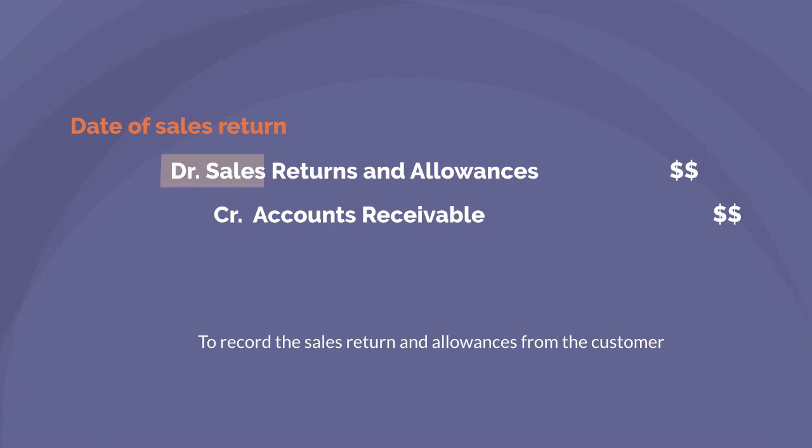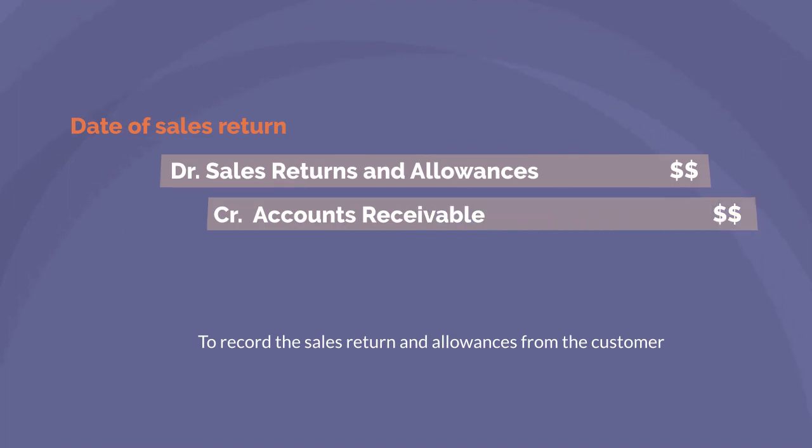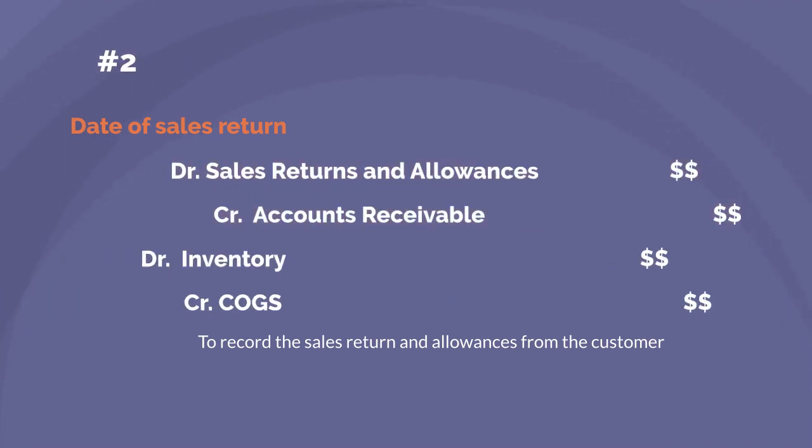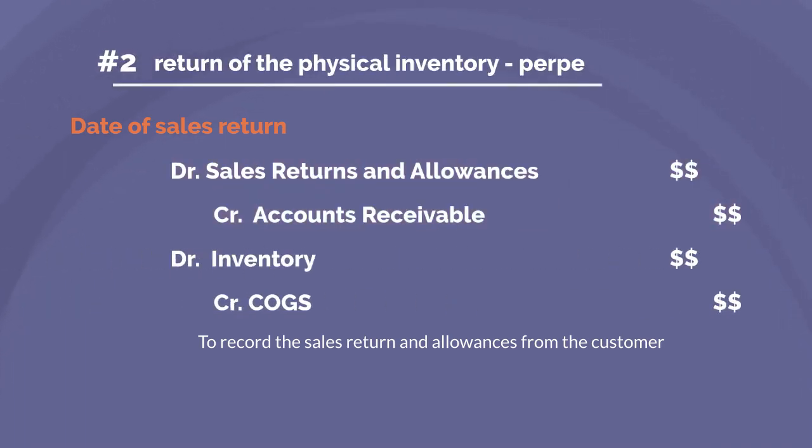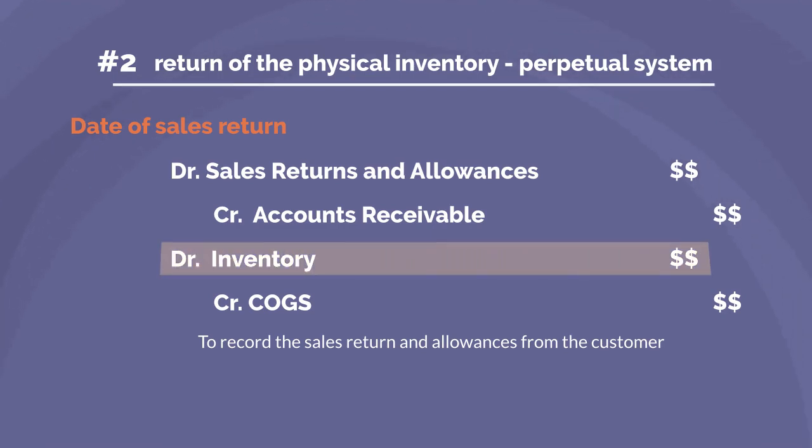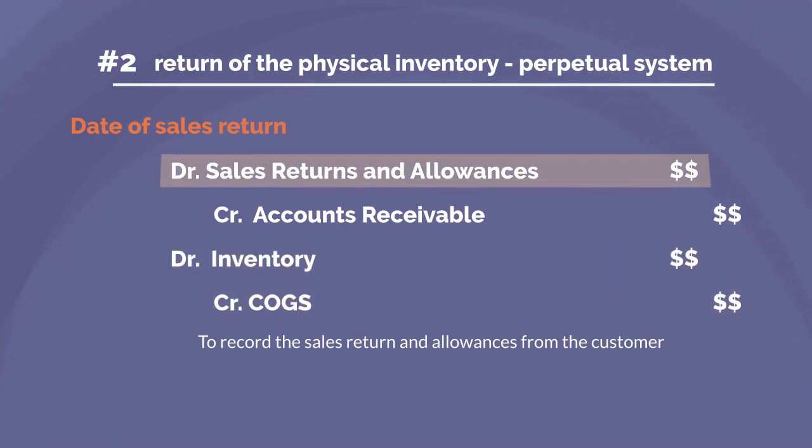They will debit the sales returns and allowances account to increase it and credit the accounts receivable to decrease the amount they are expecting to get paid now that there are items being returned. The second entry will record the return of the physical inventory, which they reflect by debiting the inventory account and crediting the cost of goods sold account. Thus, sales returns and allowances from the seller's perspective under the perpetual system look like the following.